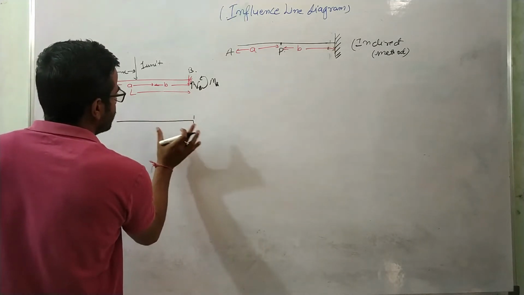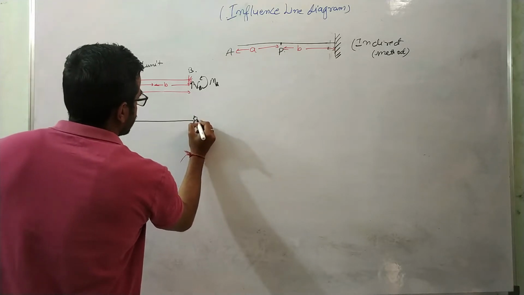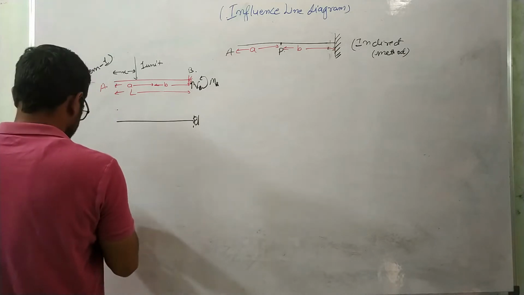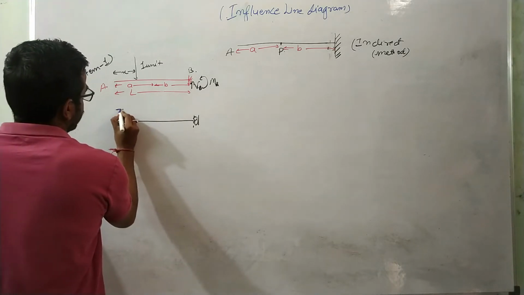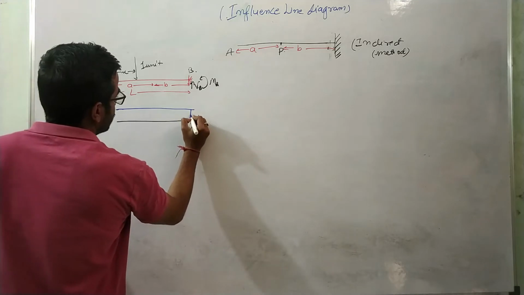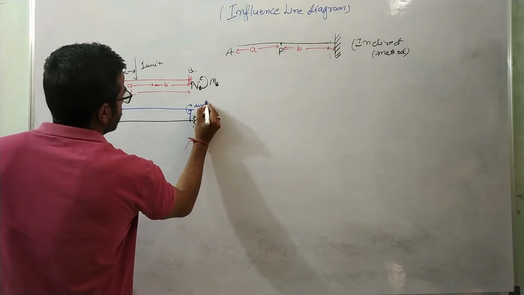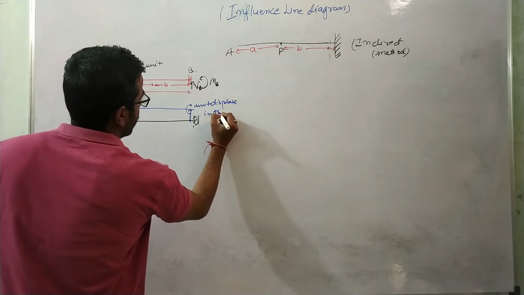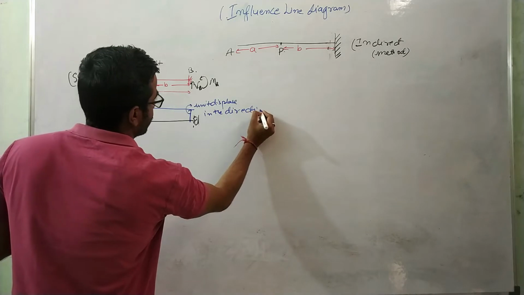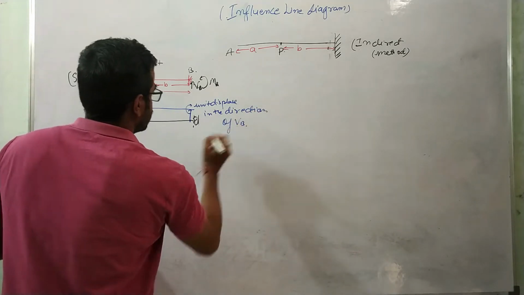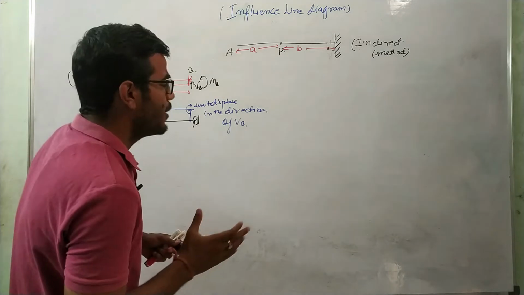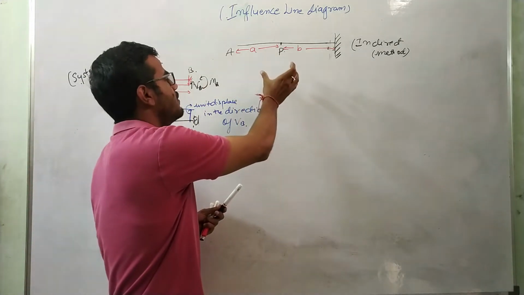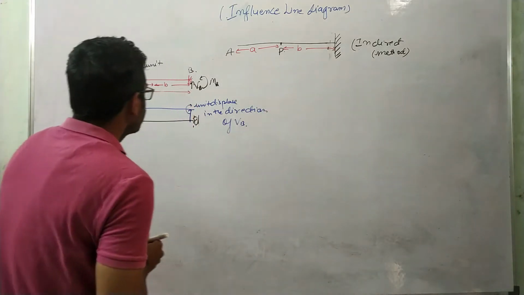Now we have released this VB reaction over here, and we are giving the unit displacement in the direction of VB. What we are doing in this problem is seeing the detailed derivation of the Müller-Breslau principle, how to apply it in this cantilever beam. So this is the unit displacement.